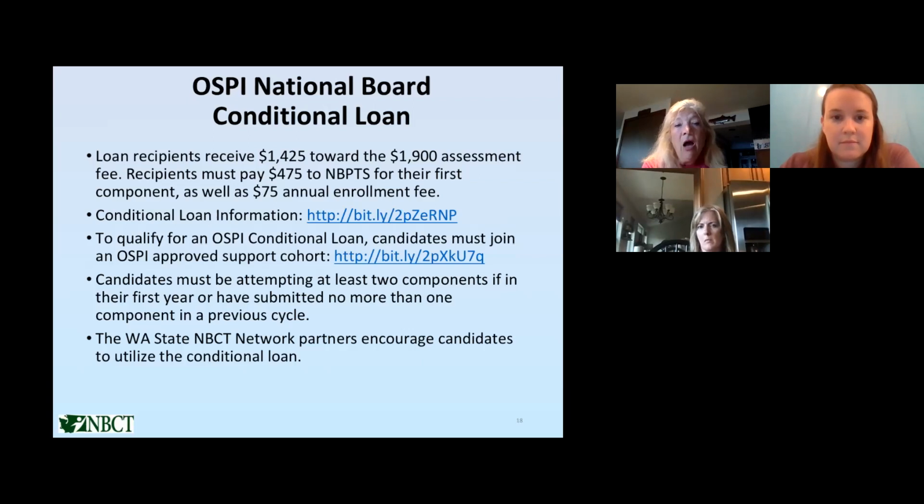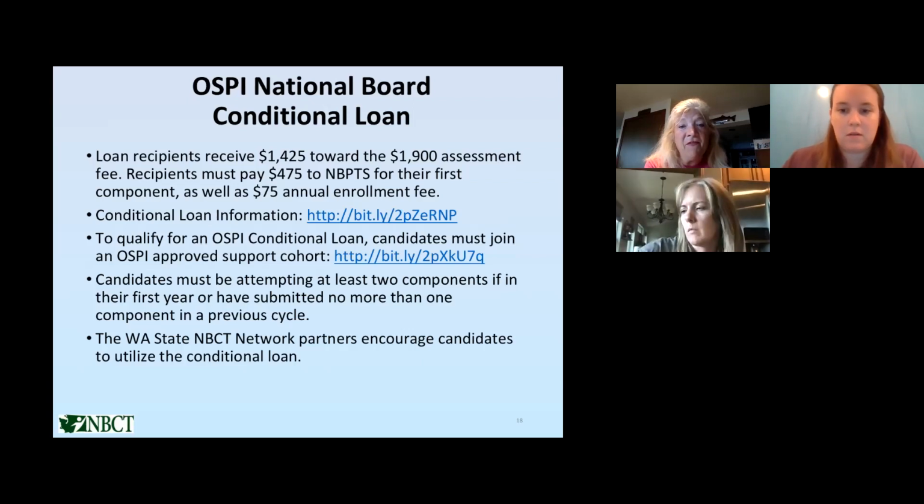And our cohorts have had much higher candidacy rates as well. So really getting in with a cohort, getting that feedback from trained facilitators. All facilitators have to go through training. They receive materials that really direct how they give information and feedback.